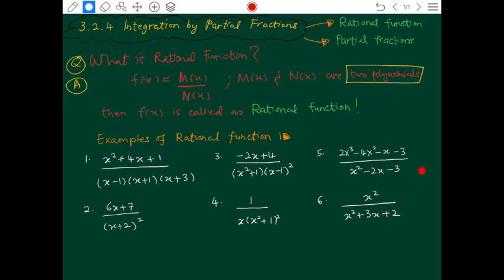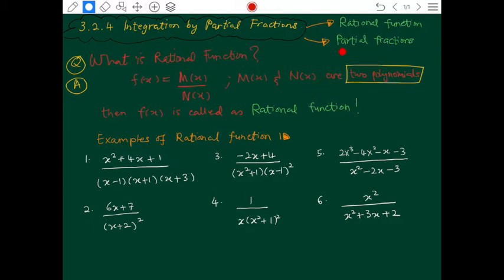Okay, so how about partial fractions? So what is partial fractions? To get more details on what is partial fractions, you can go to the bonus chapter. By using the QR scanner, you can scan the QR code at almost the last page of our module.